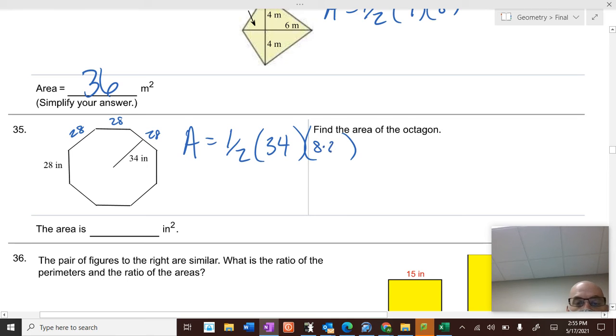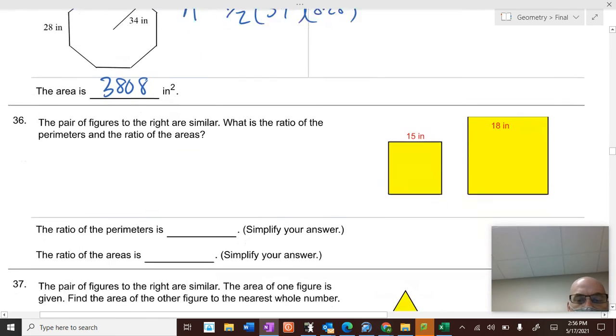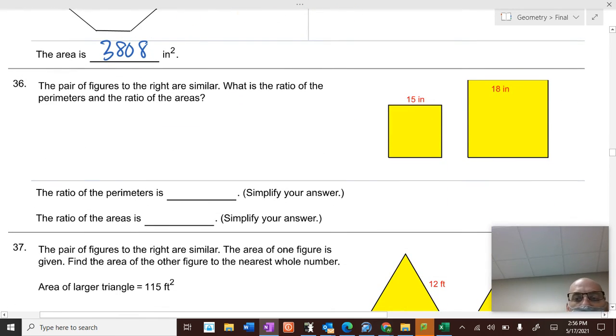So you take 1/2 times 34 times the perimeter, because the area of a regular polygon is 1/2 the apothem times the perimeter. So what's 17 times 8 times 28? Some big number in the thousands, I think. 3,808. Thank you.